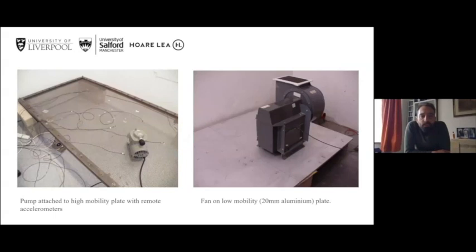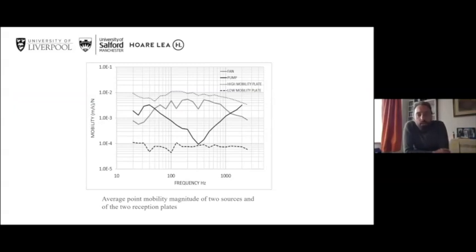So the reception plate can take on many forms. There are two examples here. The one on the left is a very lightweight reception plate with perforated holes, so there's no acoustic loading. And the one on the right is a 20mm thick, much heavier reception plate. The two sources in that case, the one on the left is the pump we saw earlier, and the one on the right is the large fan. If we look at this plot here, these are the mobilities of the high and low mobility reception plates.